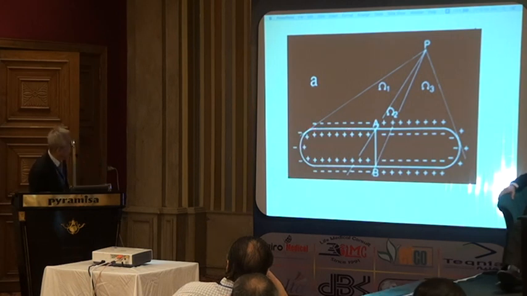This is a dipole because there's negativity on one side and positivity on the other side. This is another dipole because you have positivity on one side and negativity outside. So you have 2 dipoles which share the same solid angle and are opposite in polarity.